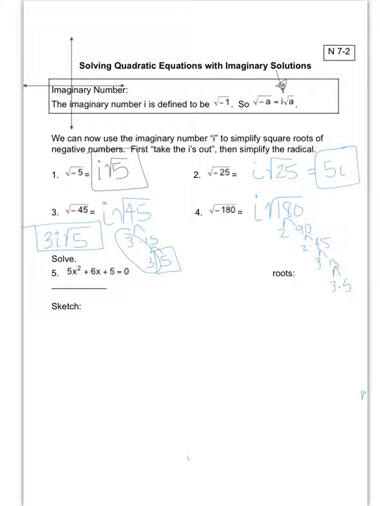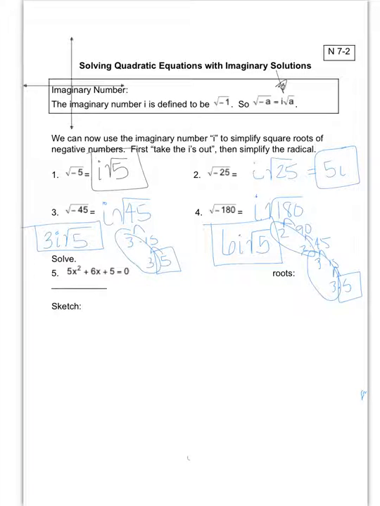So we're looking for pairs. We have a pair of 2's, we have a pair of 3's, and then we have a 5 left over. So I'm bringing out a 2 and a 3. We will multiply those together to give us 6. And then we have that i. And then I boxed in the 5 that stays under the radical. So 6i square root of 5 would be our answer.